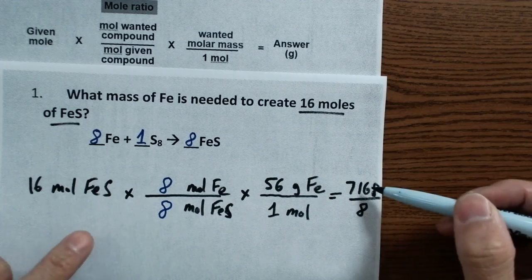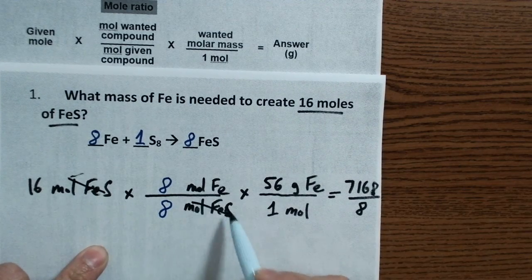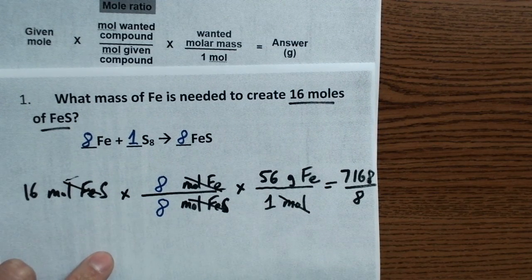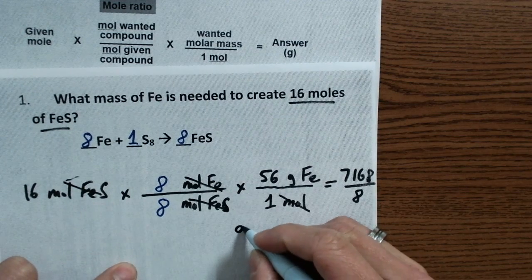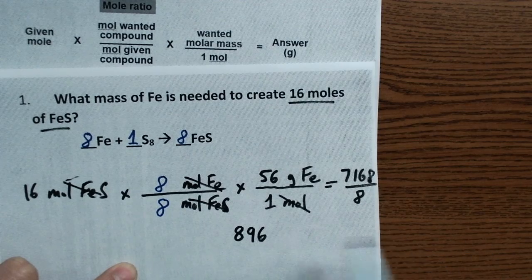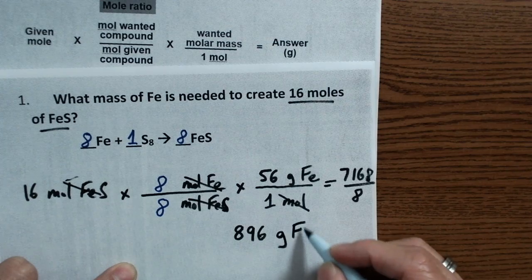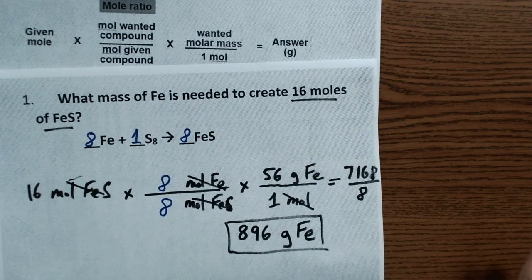Okay, and then when you divide these two numbers out, units cancel. So 7,168 divided by 8 will give you 896. Okay, all of your units cancel out. So what's left over is grams of Fe as your final answer.